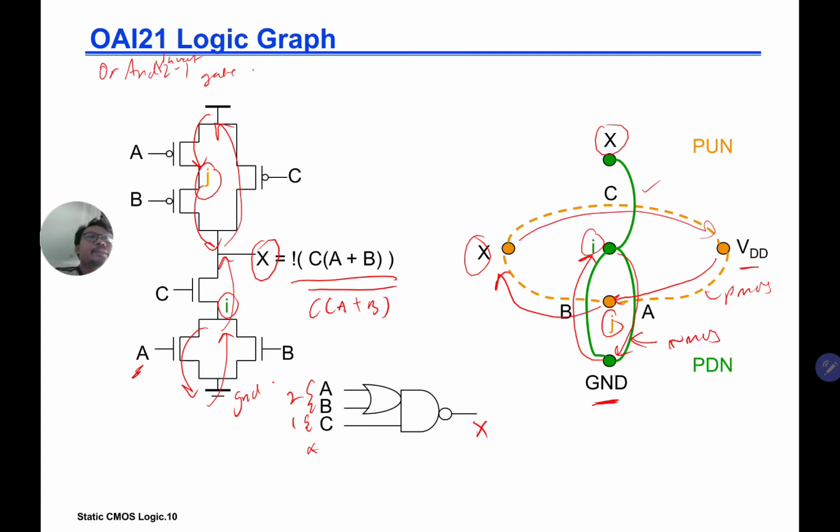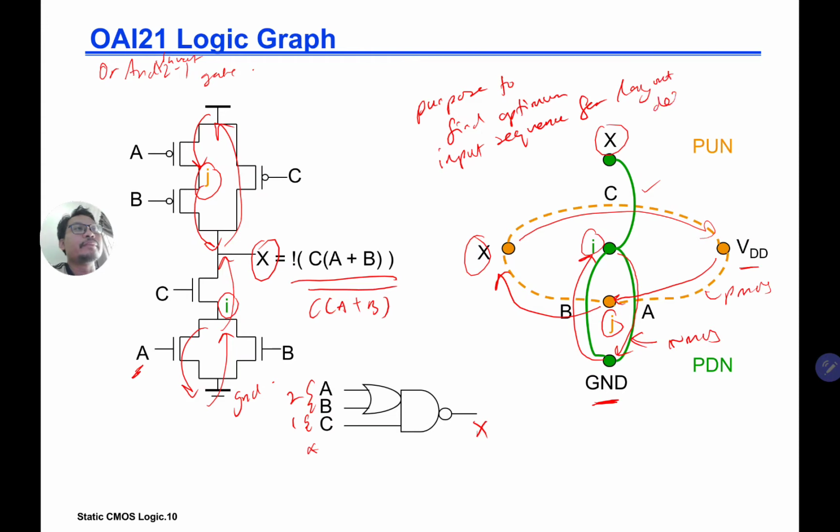So you obtain this graph, and the purpose of the graph is to find the optimum input sequence for layout design.